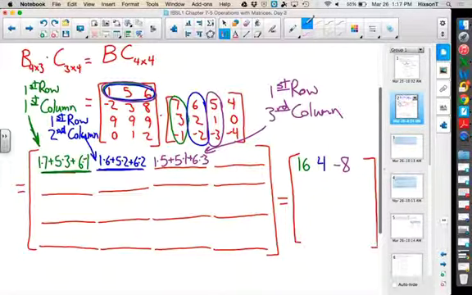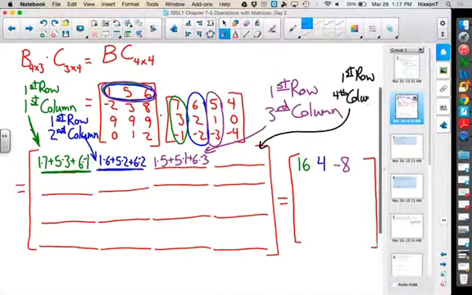Then, the last element in our first row, okay? First row, fourth column. Alright, so again, I'm going to use this first row, but now I'm going to use the fourth column. Okay?